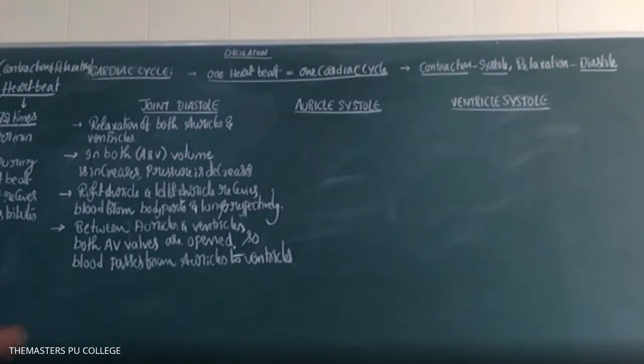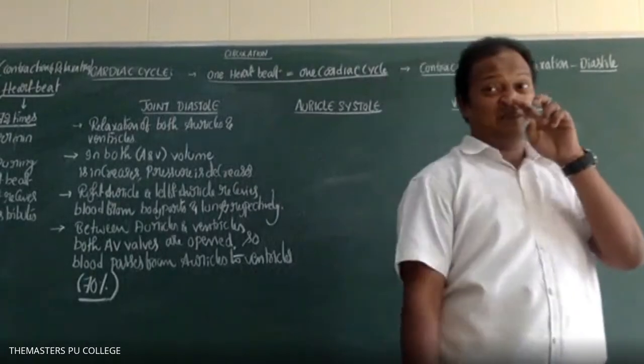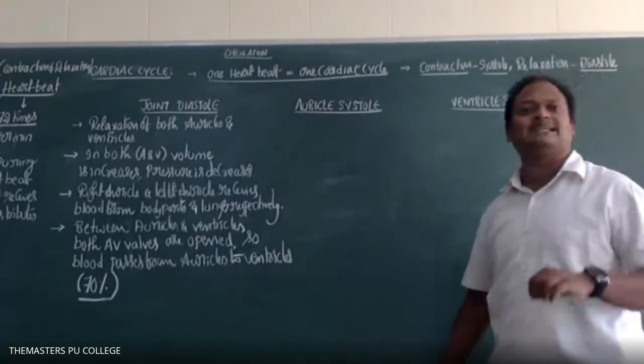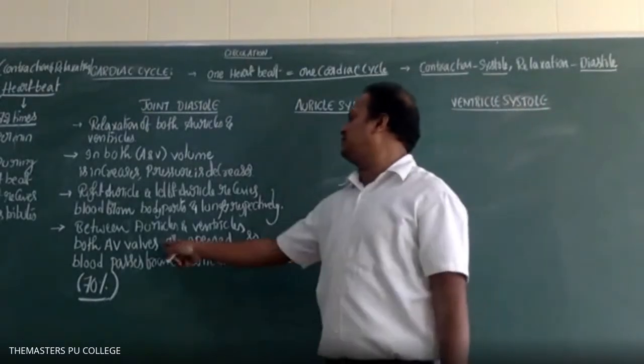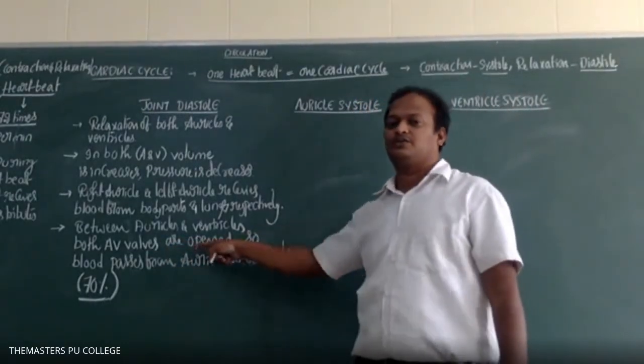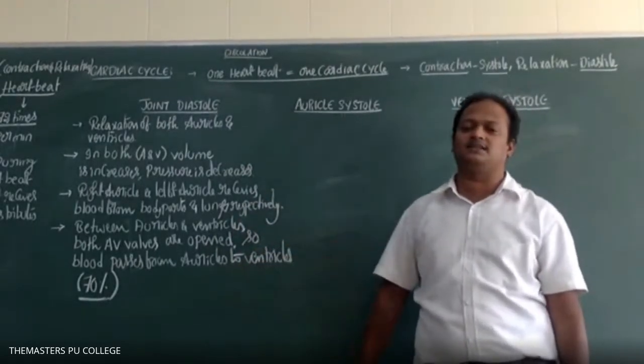How much blood? 70% of blood passes from auricles to ventricles through tri and bicuspid valves. Why? Because both valves are open or closed? Open. Is this clear, students? Understood or not these points?